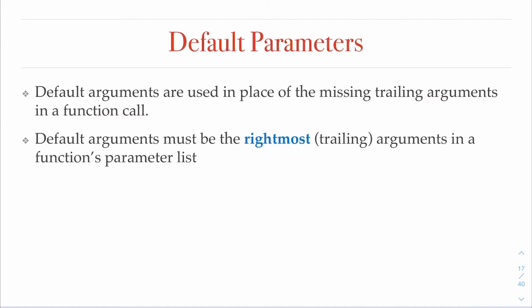It doesn't know what value to set for this parameter, because is it missing or is it not missing? The compiler will be confused. So in order to avoid the confusion, the language says it is better to put every parameter with a default value on the right side. Okay, that's the rule.